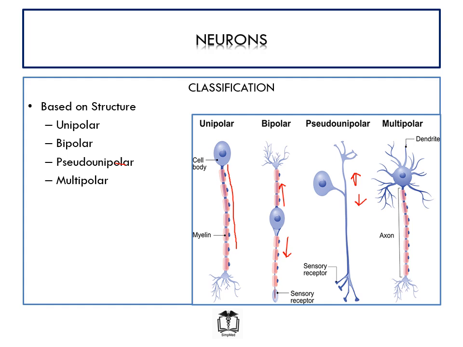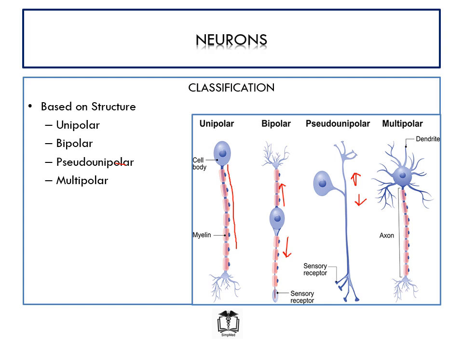We tend to see pseudo-unipolar neurons as sensory neurons involved in somatic sensation. So areas where we see somatic sensations being perceived, we have pseudo-unipolar neurons playing a role. And then finally, we have the multipolar neurons. Multipolar neurons depict a typical neuron, because most of the neurons within the nervous system are multipolar in nature.